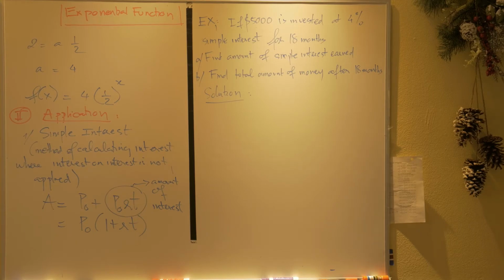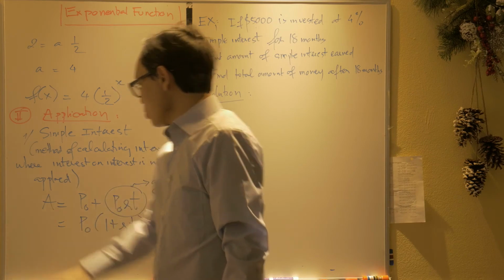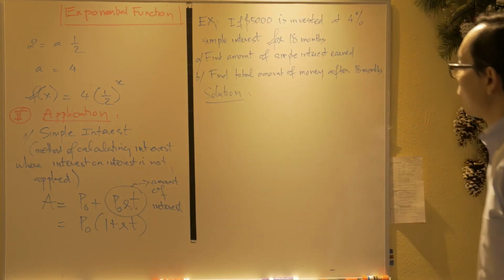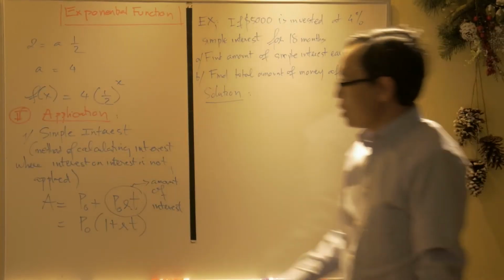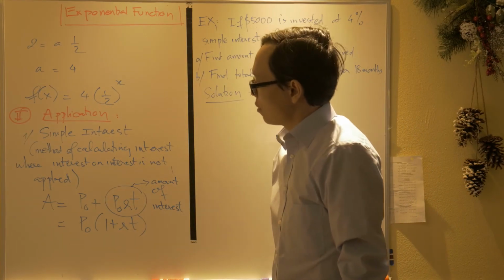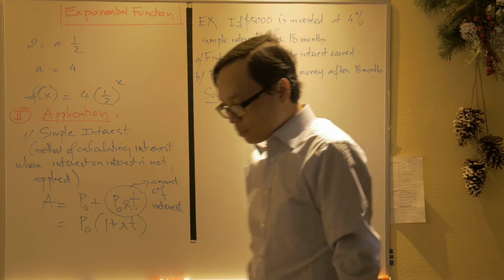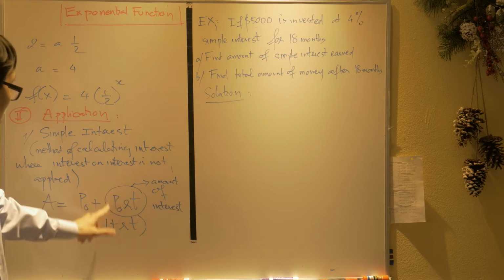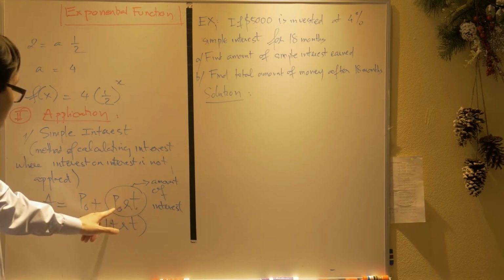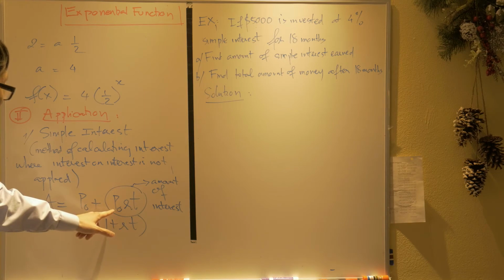So how are we going to do this problem? When you read the question, you know right away this is simple interest, and because it's simple interest, you have to use this formula. On the first part, they asked you to find the amount of simple interest. P naught RT: P naught is the initial amount, the principal, the money you put into the bank to invest.